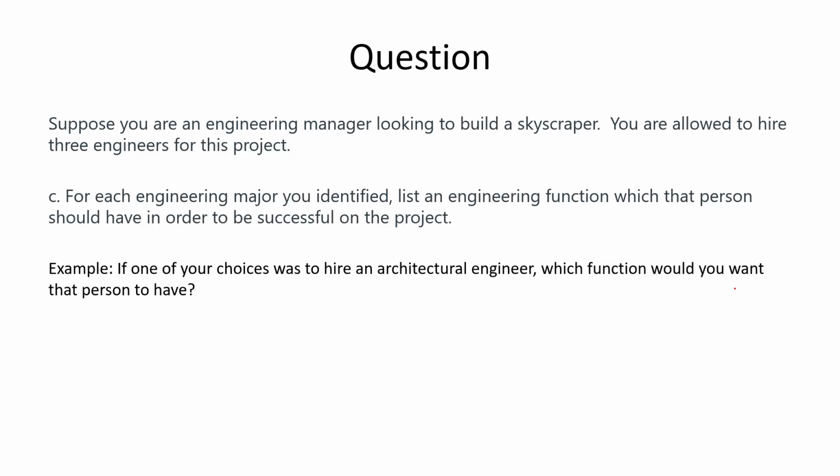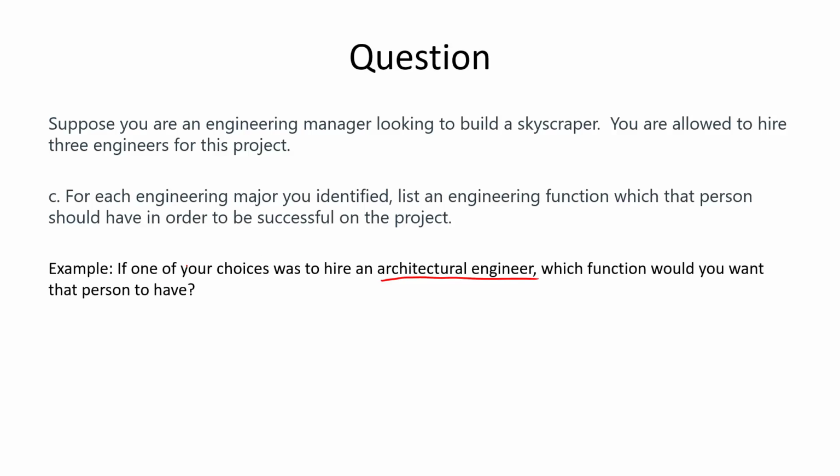Okay, next one. List an engineering function which that person should have. So, for example, if one of our choices was an architectural engineer, what function would we want that person to have? You've probably noticed with this question that there's definitely more than one possible correct answer here. And I'm looking that you choose something that is valid and you give an explanation that shows you understand majors and functions.